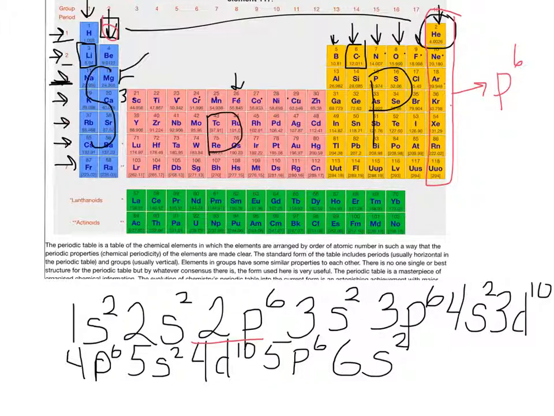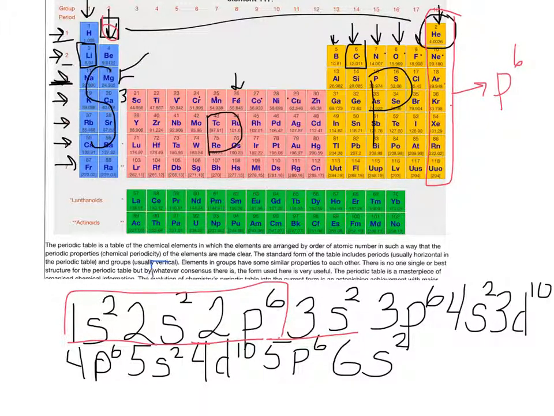Okay. Magnesium goes through 3s2. So here is the last part of magnesium. And this is the first part of magnesium. Now, we can take this part that ends in this 2p6, and we can say that it is the same as neon.